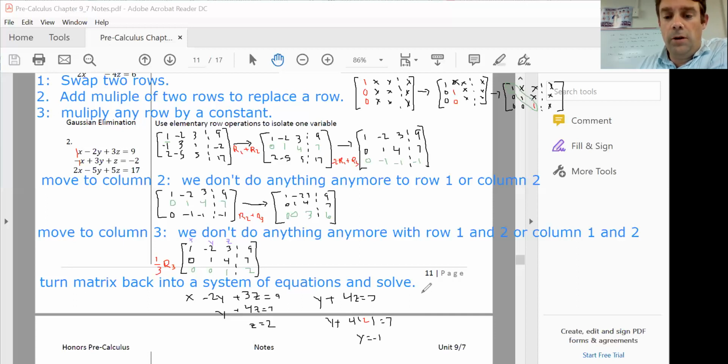We plug in our values now for the y and z in the other one. x minus 2y plus 3z equals 9. So y was -1. z was 2.